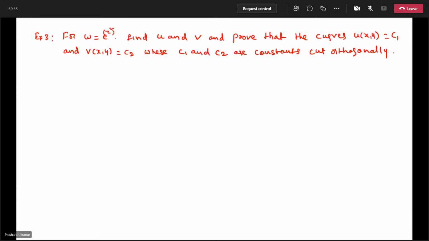Then you will get minus 1. Then definitely we will tell that it is an orthogonal family of curves. This is what we are proving. But without proving this, we know that every analytic function forms an orthogonal system. This is what I am using and telling the solution.